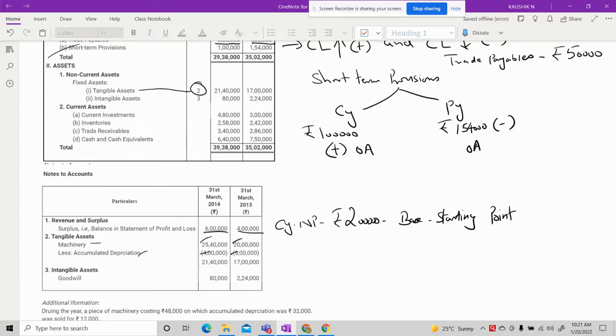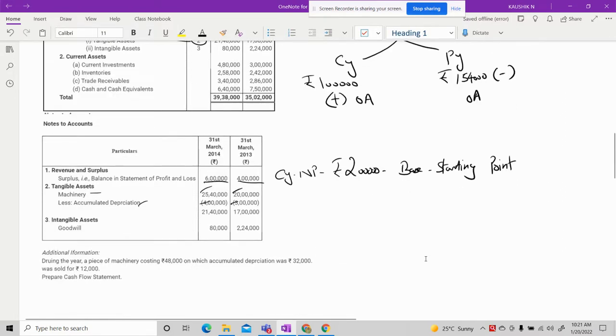So when you have machinery followed by accumulated depreciation, then ensure whether we have any additional information with respect to the machinery, depreciation and sale proceeds.